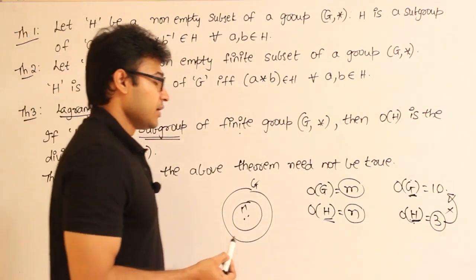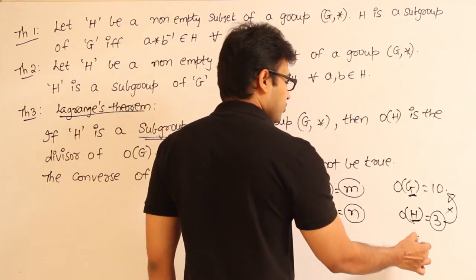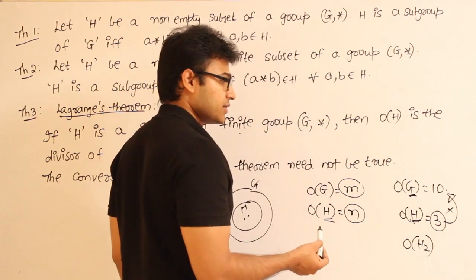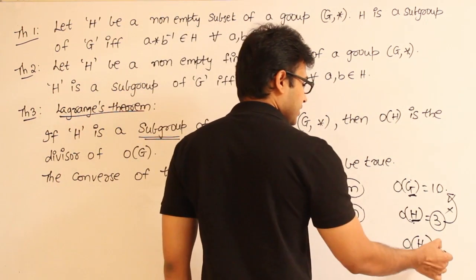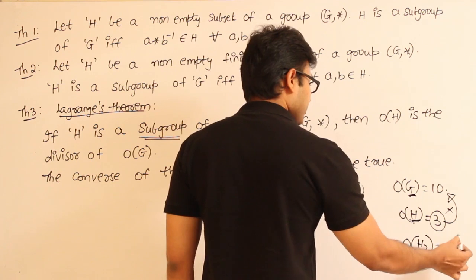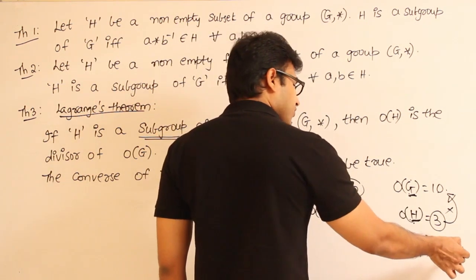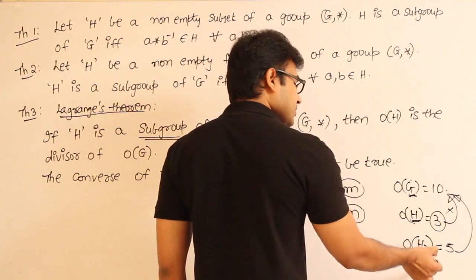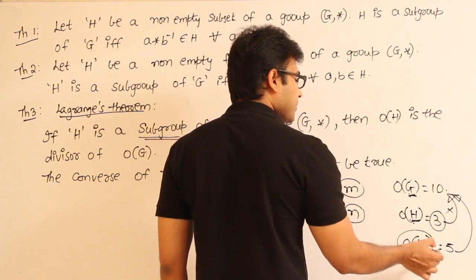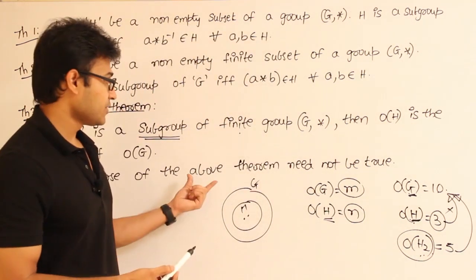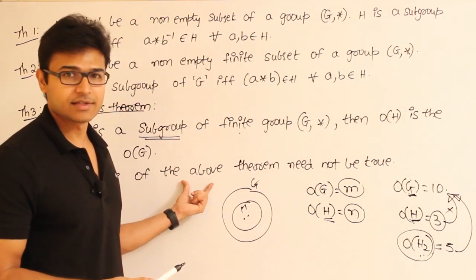But then if you have another subset, let's say a subset, not a subgroup, whose size is 5, can this be a subgroup of this? Since 5 divides 10, yes, there is a chance that it might be a subgroup, but then you cannot right away say that it is a subgroup because the converse is not true. Are you getting this?